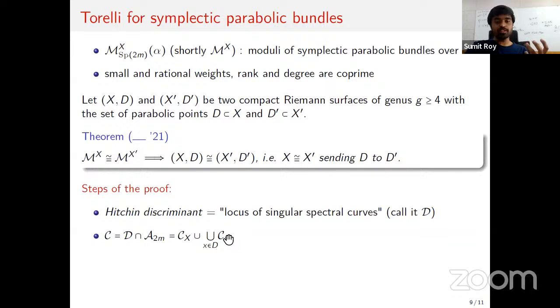C_X, and for each parabolic point we have one irreducible component, and this was the general one, C capital X, and these are C small x. Okay. Capital X is for the curve and small x are the points inside D.